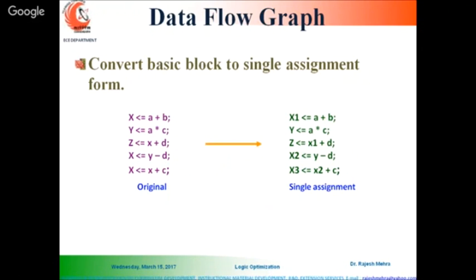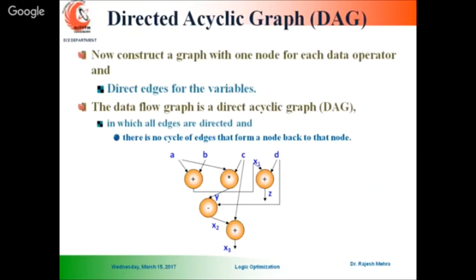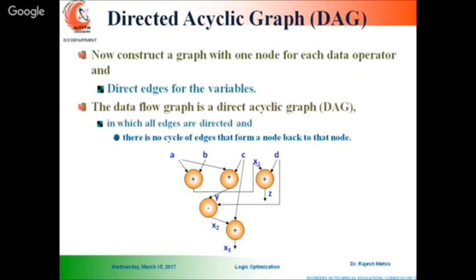From the VHDL code you are going to extract the data flow expressions. You have to convert those expressions into single assignment operator, right? Once it is done, you have to create one DAG for this. DAG is directed acyclic graph, which means this graph is without feedback.